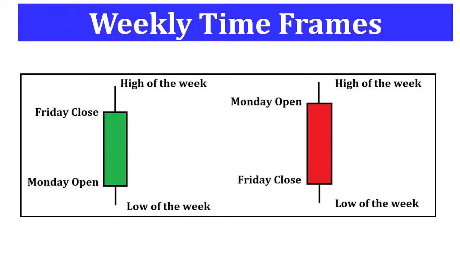For the stock market, the week starts from Monday and ends on Friday. So for constructing a weekly candle, we take into account Monday's open. We take into account the close as Friday's close. Highest price of the week is treated as the high of the candle, and the lowest price of the week will be plotted as the low of the candle.